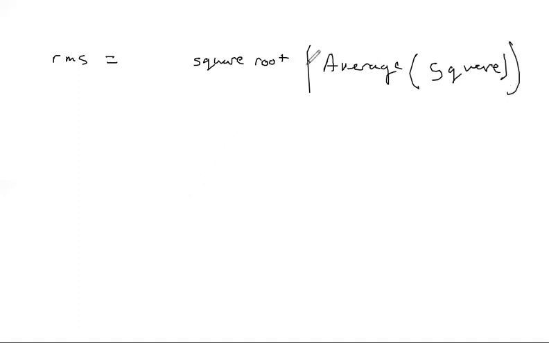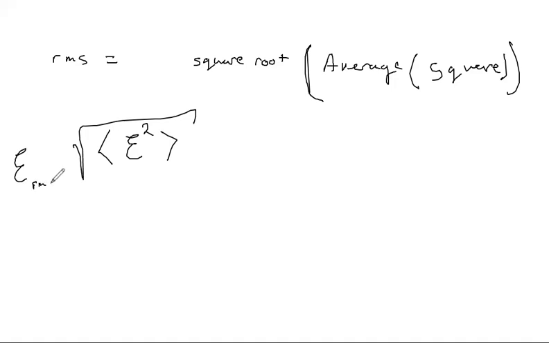You take the square root of the average of the square. In this case, we want to find the average of the EMF squared and then take the square root of that. That is going to be the RMS value.